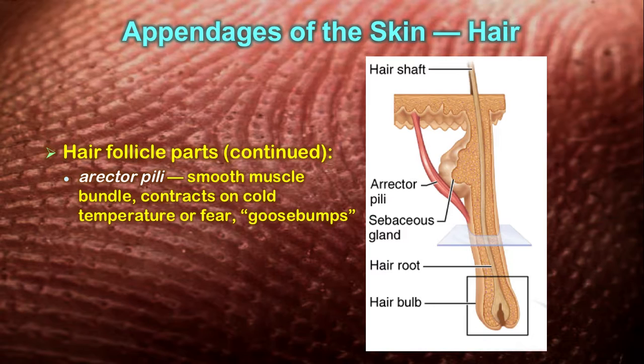You're also creating a little blanket of air there that can help insulate. He also, it doesn't say it on our list here, squeezes that sebaceous gland, which helps push the sebum out onto the hair. All right, so erector pili muscle.